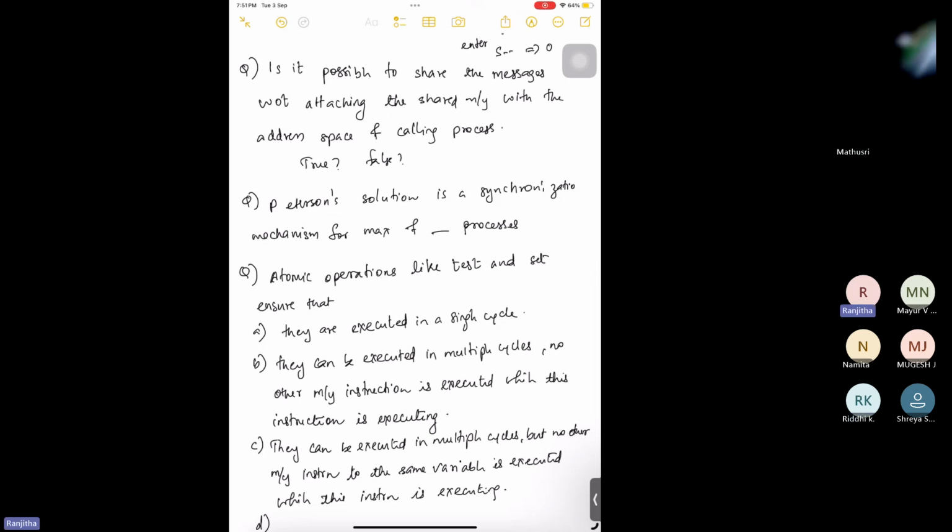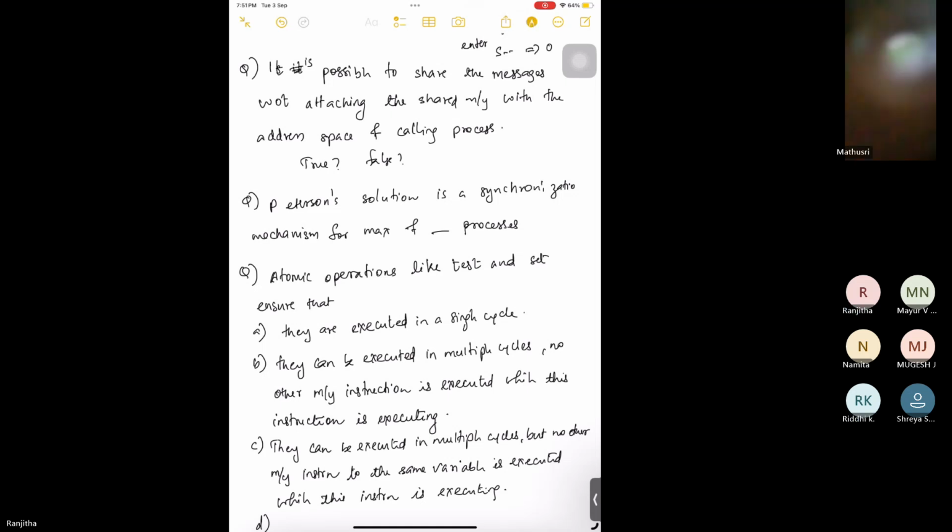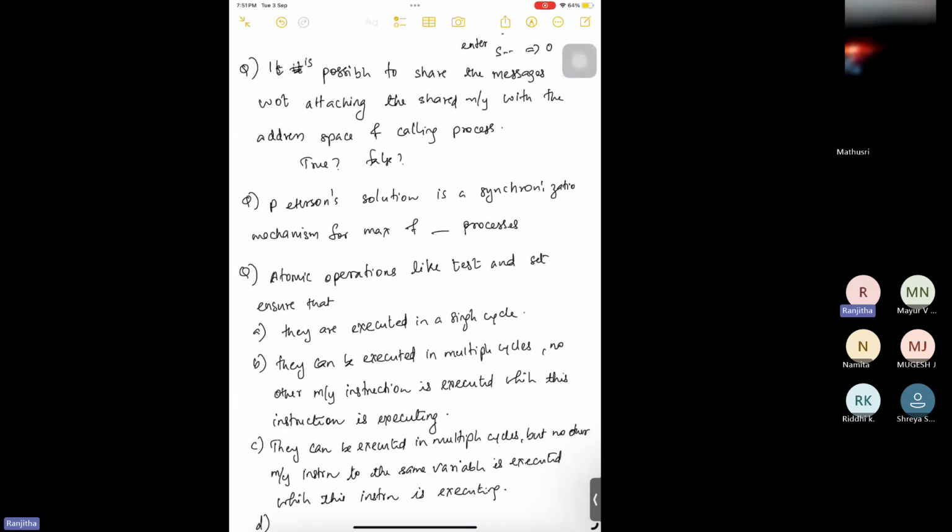It is possible to share the messages even without attaching the shared memory with the address space of the calling process. So actually, before accessing the shared memory, we need to attach it. So without attaching it, we will not be able to access it. So the statement is false. Okay.